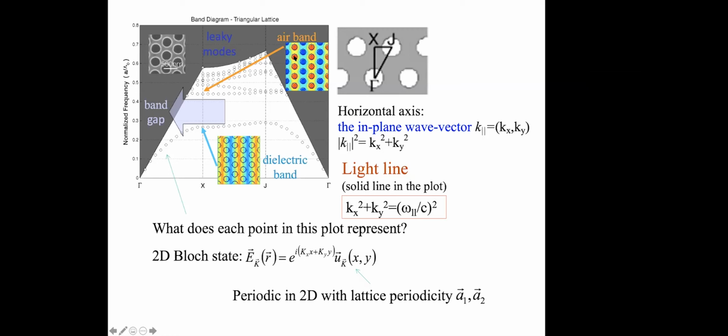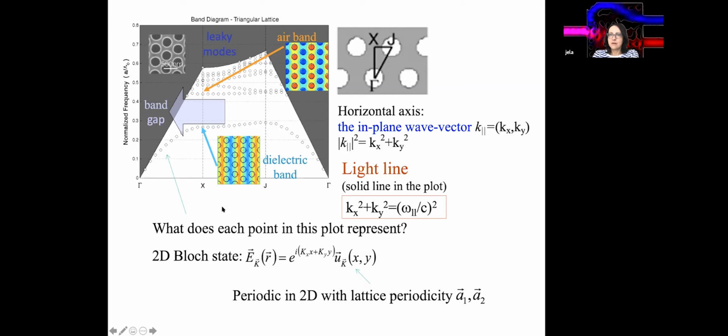Yes, they would be diagonally, because that's your gamma J direction, right? So you would have some wave fronts that would go like this, right? And then they would be, for the dielectric and air band, different how? They would be, again, like for the X point, misplaced relative to each other, so that one overlaps more with air and one overlaps more with dielectric. Is that making sense?